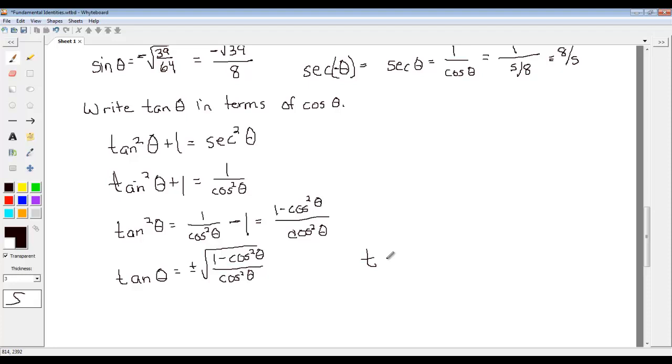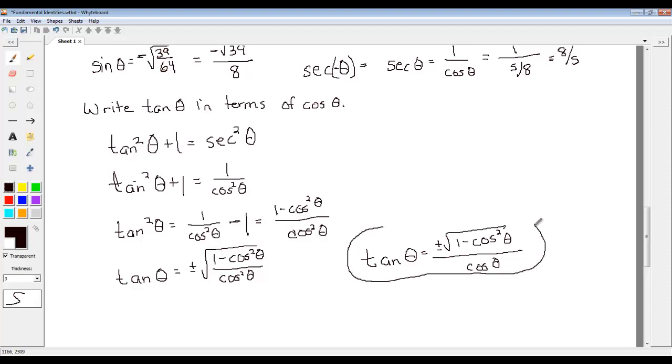You can turn that into tan theta equals plus or minus square root of 1 minus cosine squared theta all over cosine theta, because the square root of cosine squared theta would be cosine theta. So there you've got your tan theta rewritten completely in terms of cosines using identities. Cool, huh?